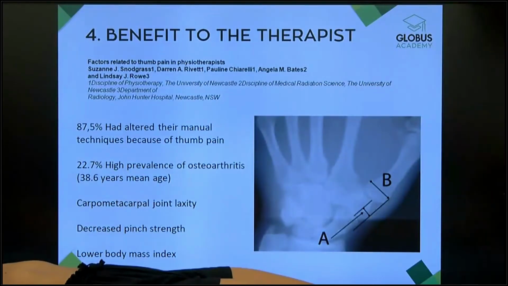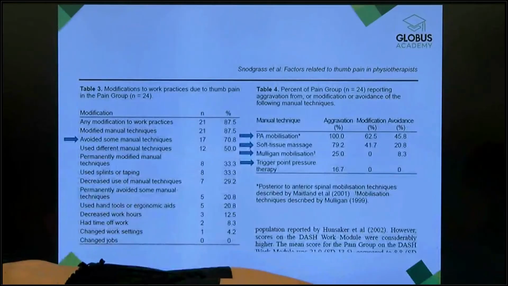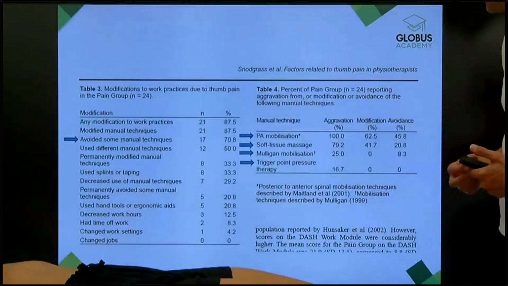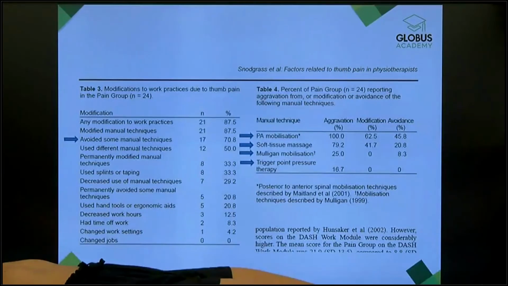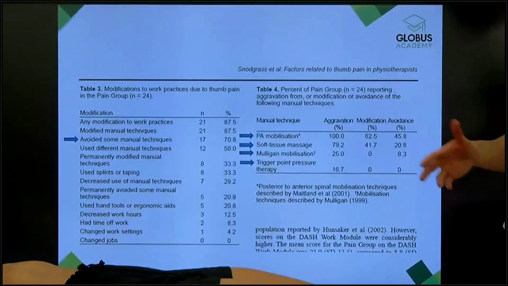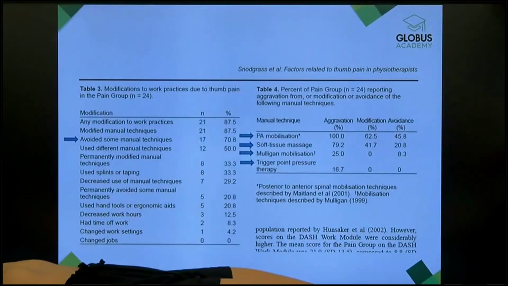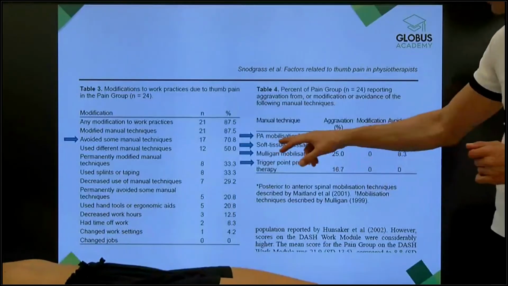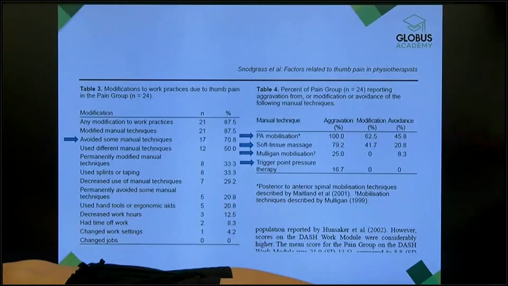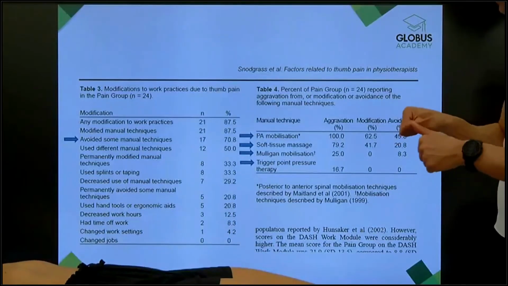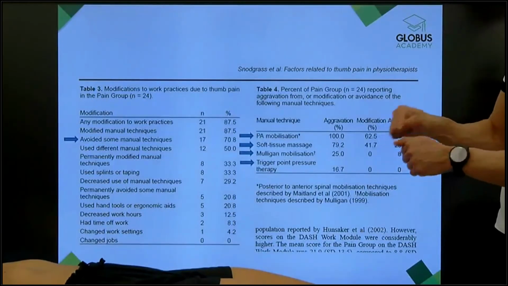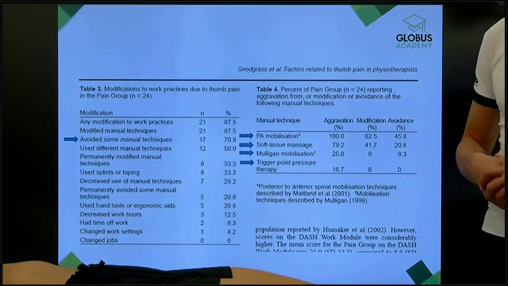So having a tool is really helpful, and these are the techniques that can really aggravate the symptoms, like the PA mobilization, the basics, I can say, of manual therapy. Also soft tissue massage, or the Mulligan mobilization, or the classical ischemic compression technique, like trigger point pressure.